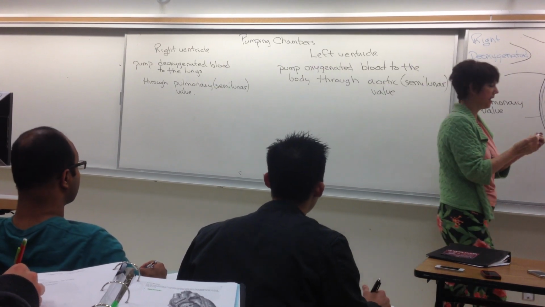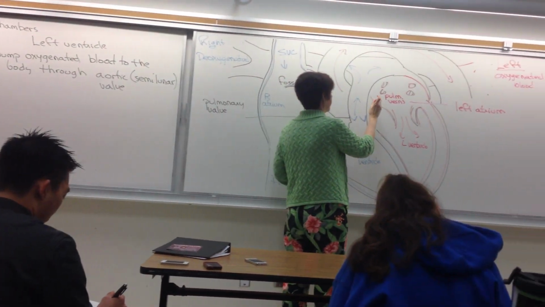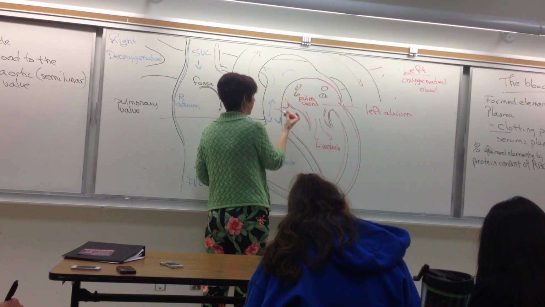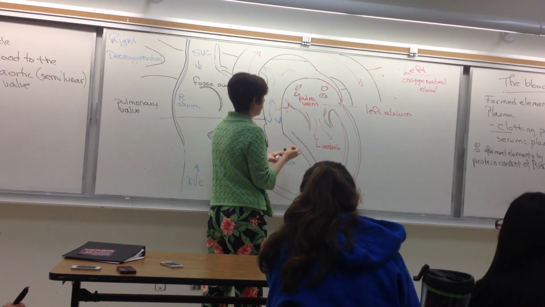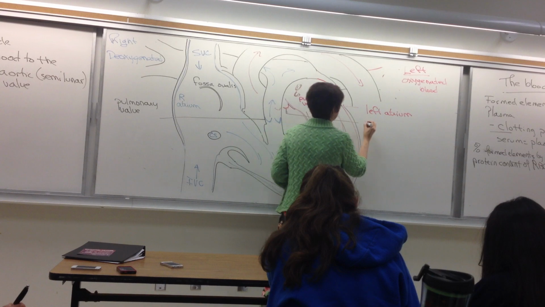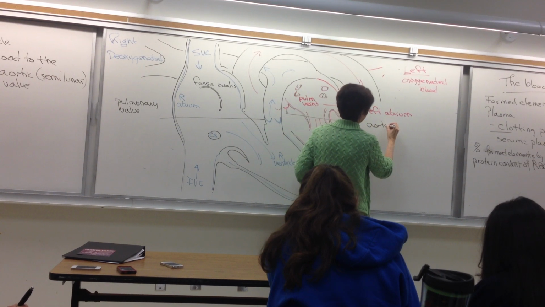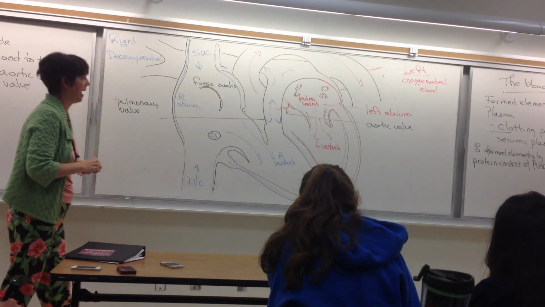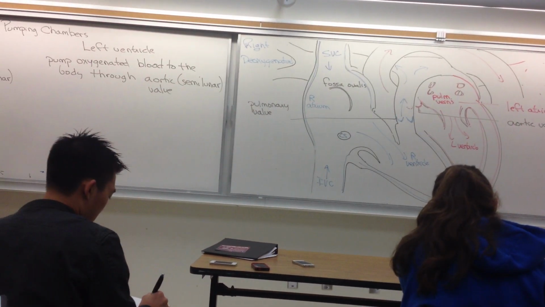Now it's hard to see the aortic valve because that is often hidden. The aorta comes out the middle of the heart, and so it's often hard to see the actual valve in the heart or in the model.